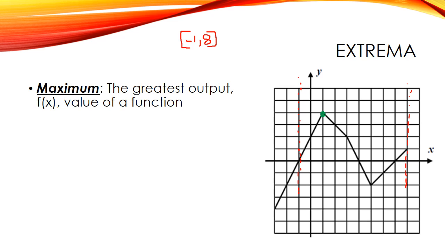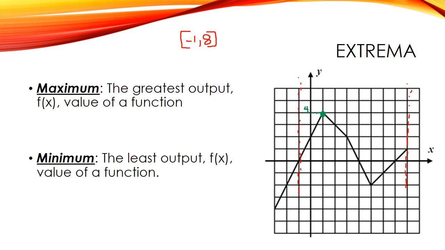This is the maximum value, and the maximum value is how high the function can go. And in this case, the height for this function on the y value is 4. So the maximum value for this graph over this interval is 4.